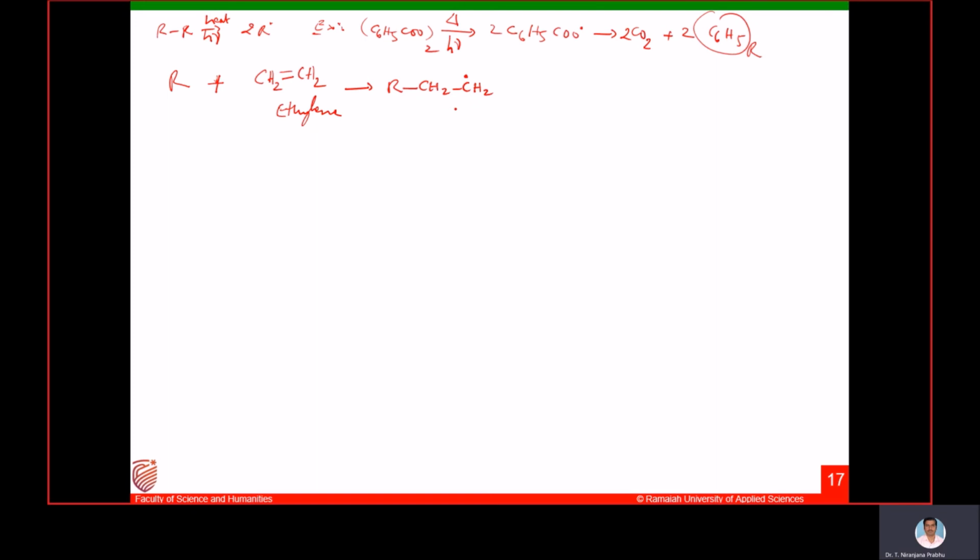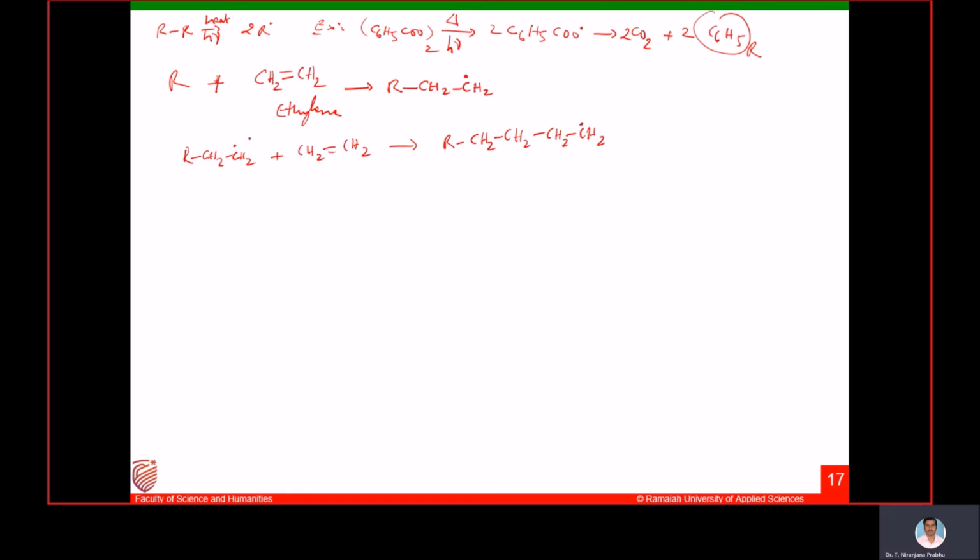So now this is a radical monomer. Now chain growth has been initiated. So the initiation reaction is R-CH2-CH2 dot plus a new monomer CH2=CH2. It will give another radical monomer like this. That radical has come here.